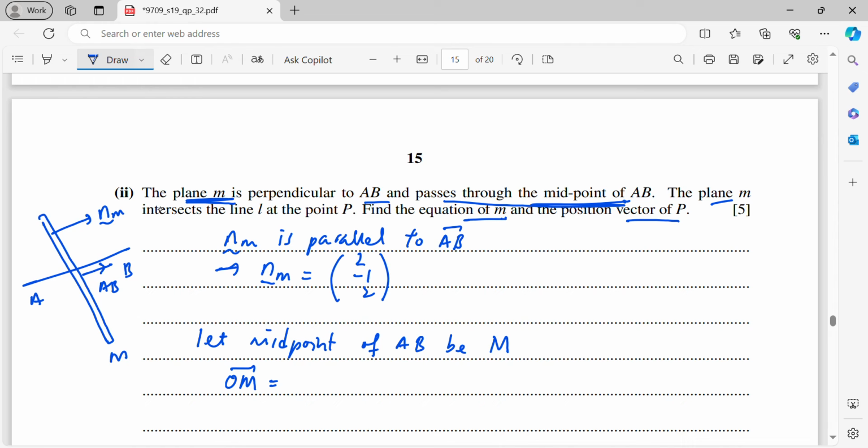So this is the M. Right? So for information, when you need to calculate the midpoints of 2 points of AB, so the coordinates, it will be the average of the X and average of the Y. So same goes to the OM. It will be half of OA plus OB.